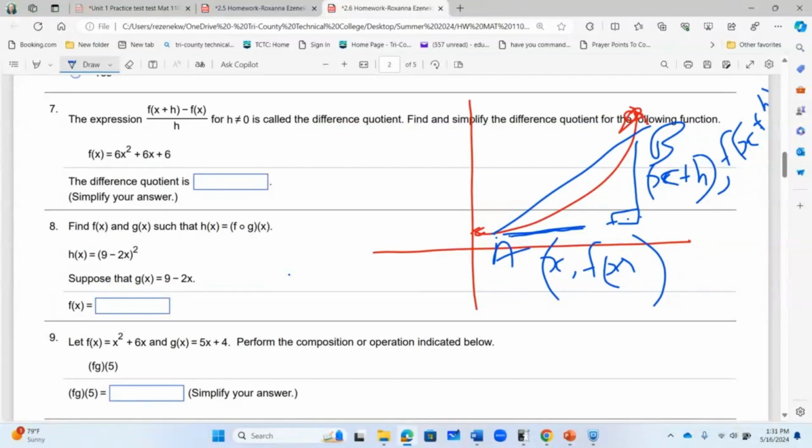All right. So whenever you're told to find the difference quotient, you're actually finding the slope of this line. It's called the slope of a secant line. The slope of a secant line, the difference quotient. So what is the slope of this secant, AB?